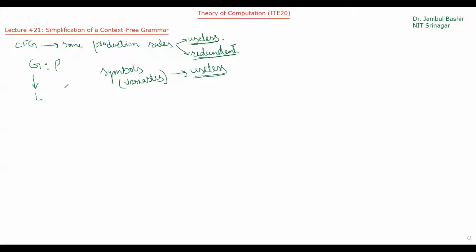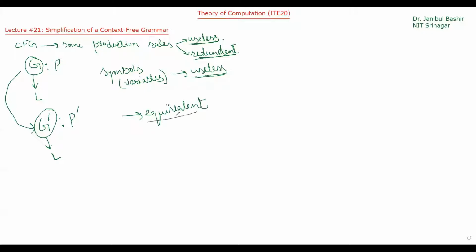By removing these symbols, these rules, and all other things that are useless, we will derive a new grammar, G dash, with new production rules, P dash. However, the language will not change. That means this particular grammar and this particular grammar, they will be equivalent. What does that mean? Two grammars are said to be equivalent if they generate the same language.